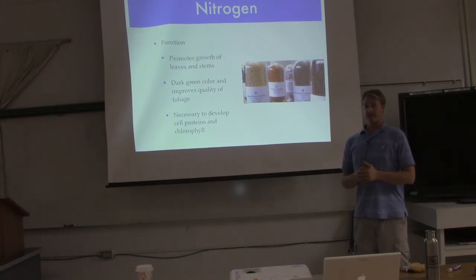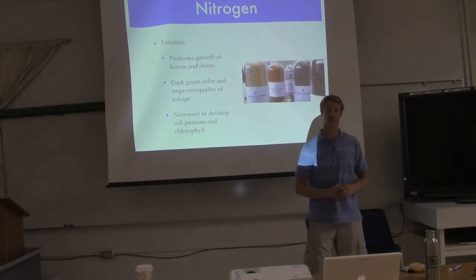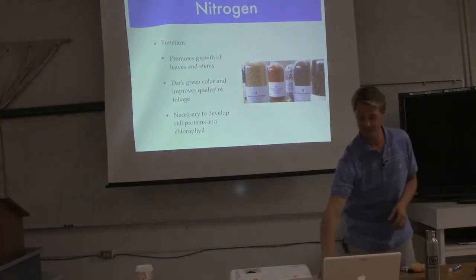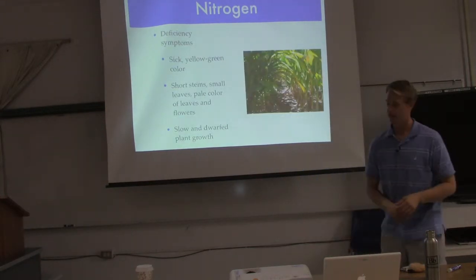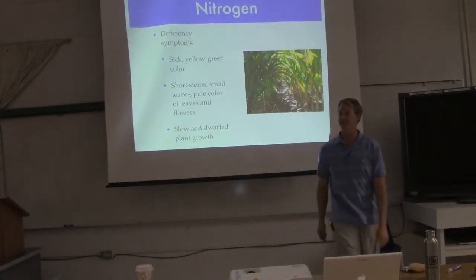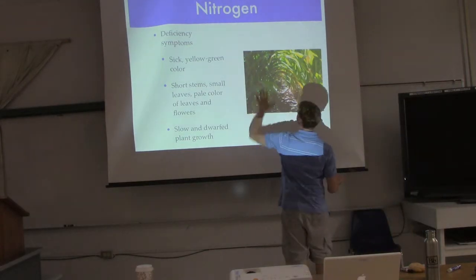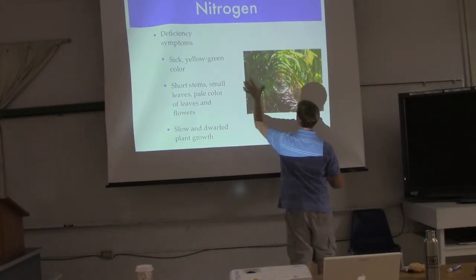Anybody ever see what happens to a plant when it doesn't get nitrogen? That's right. Why? It can't produce that chlorophyll. Deficiency symptoms: sickly, yellowing, loss of green color. We just talked about that. On this side we have, just so you know, corn plants that have no deficiency.